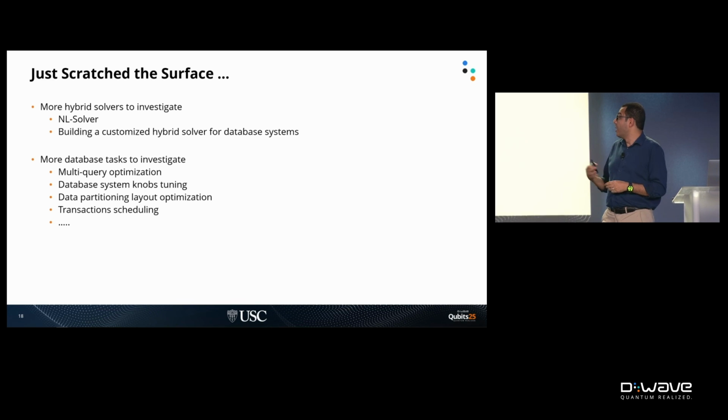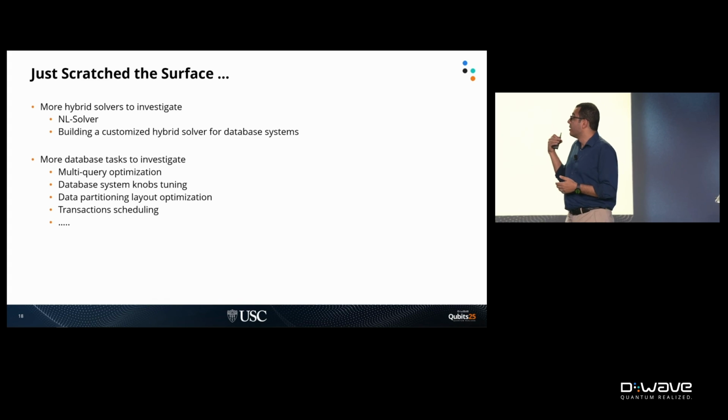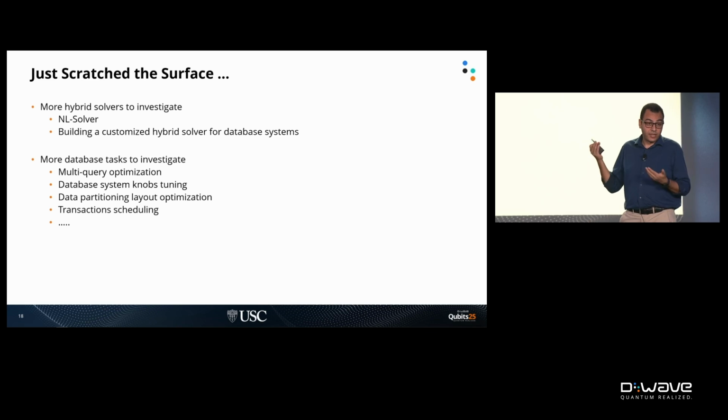Data partitioning layout, how you partition your data in a way that could be dynamic based on the user queries. Now we try to customize this layout for each user, which is a very crucial problem. Also transaction scheduling, query scheduling as well, not the transaction only. So we have many other optimization problems that we try to investigate with this.